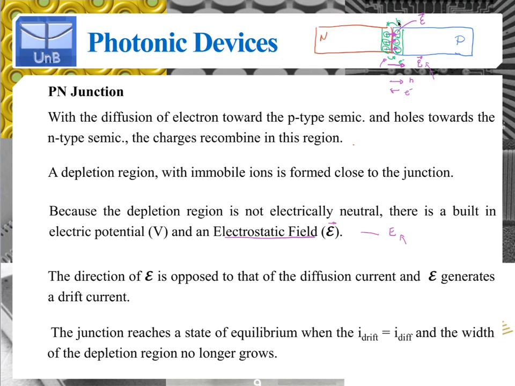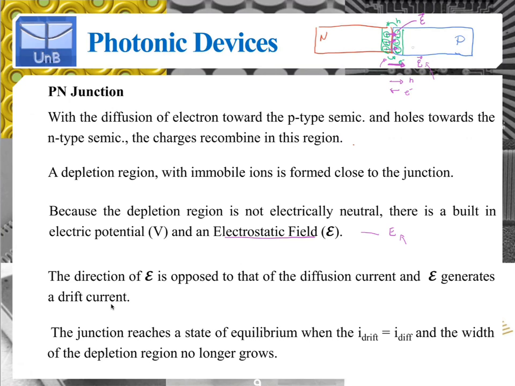Due to diffusion, the holes would move to the left, but now with this new electric field that is formed because of the immobile ions, they will tend to push the holes to the right. So you have a new current which is associated with this electrostatic field. So the direction of the electric field is opposed to the diffusion current, and the field generates a new current which is called the drift current. So associated with this electric field, and because of it, there will be a current.